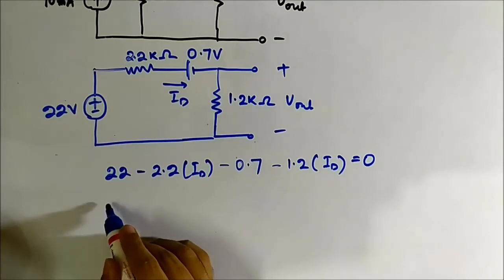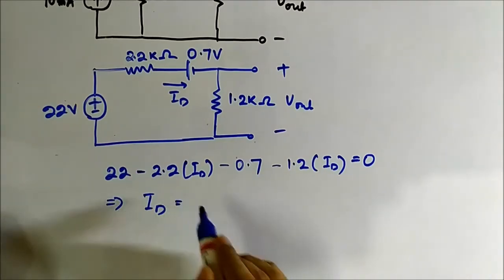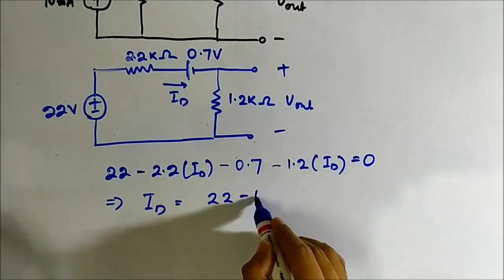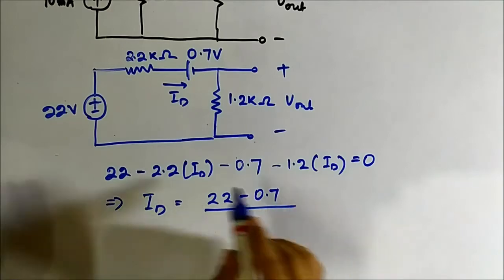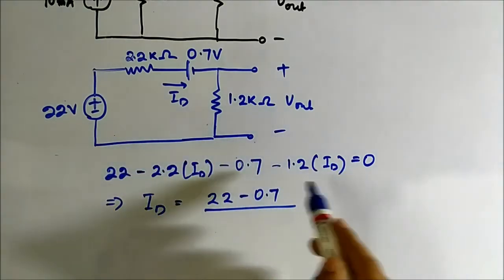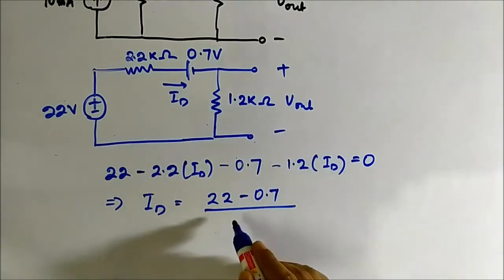That implies we can write this current ID as 22 minus 0.7, bringing all the ID related terms together, divided by 2.2 plus 1.2, which is 3.4.